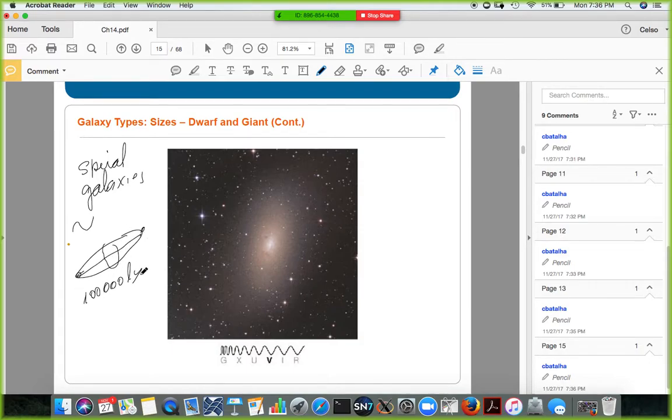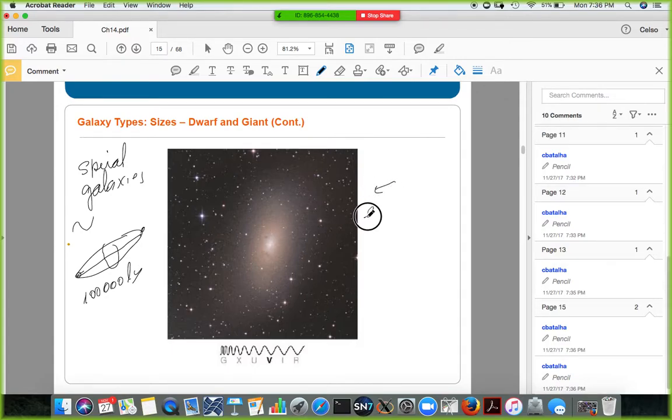So it's pretty much standard. Now, the elliptical galaxies are different. Elliptical galaxies can be small, called dwarf elliptical galaxies, but they can also be giant elliptical galaxies. So they have these two categories and in between.